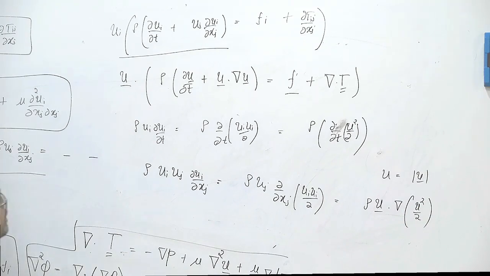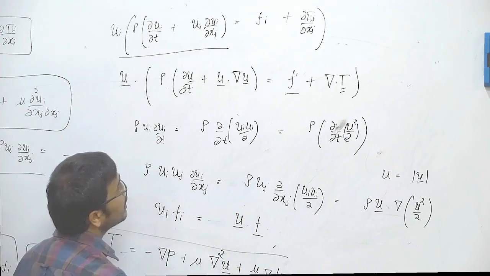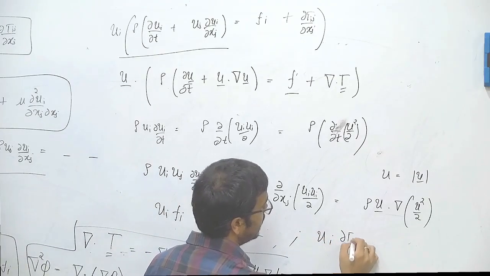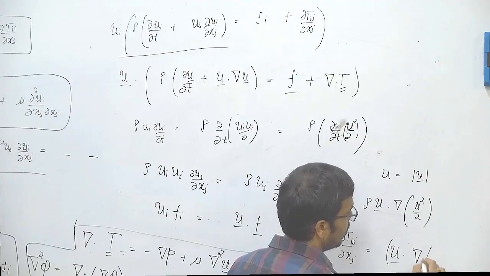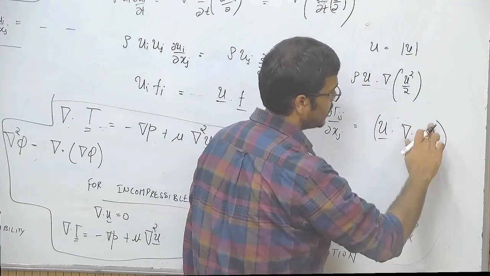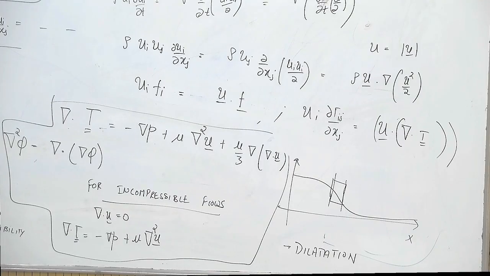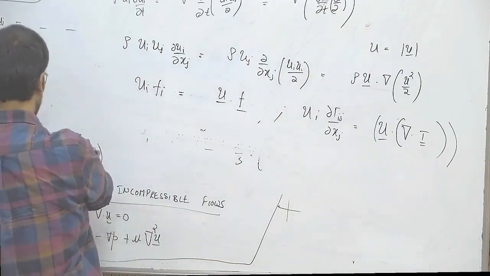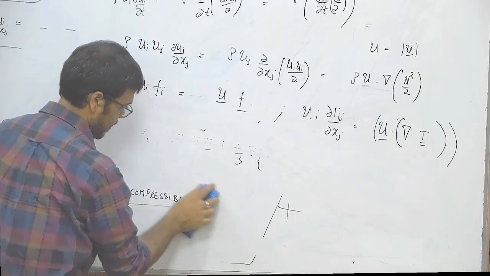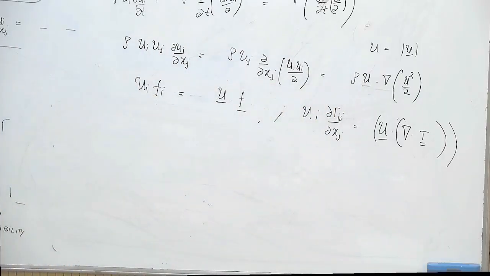And then the right hand side is, so we have ui fi, which is nothing but u dot f, and then we have ui del tij by del xj, which is nothing but u dot del dot T. The meaning of each of these will become clear in a moment.